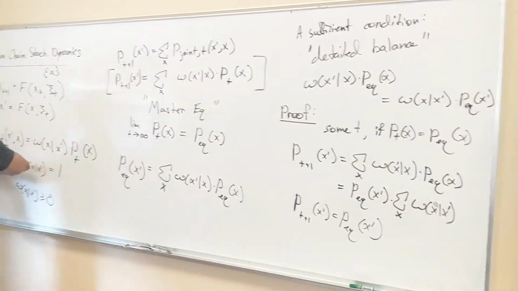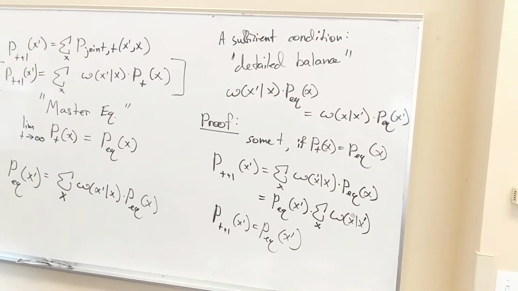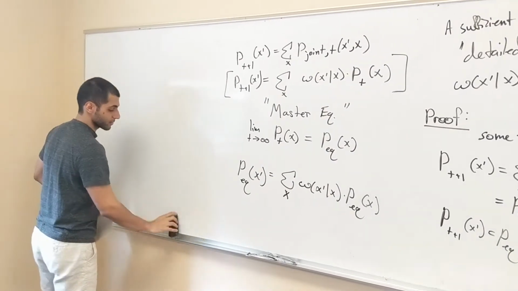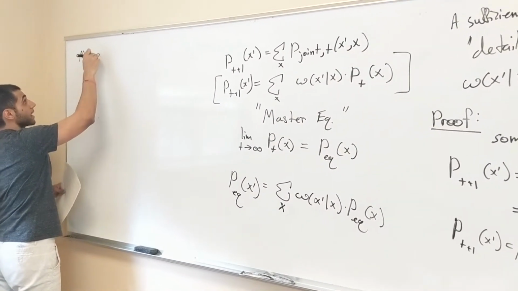Okay, so that's all well and good, but how do we satisfy this detailed balance condition? This introduces something called the Metropolis-Hastings algorithm.